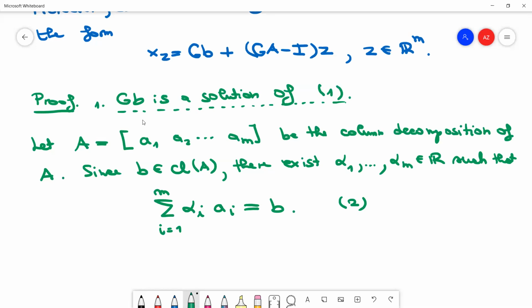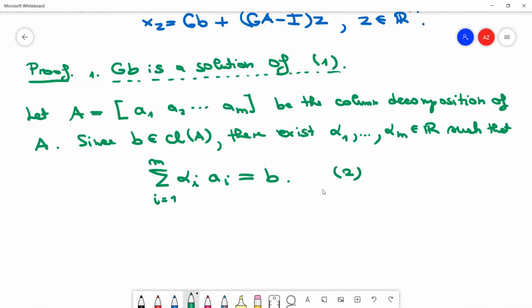And we have to somehow introduce Gb into our calculations. So what would be the way to introduce Gb into our calculations? So how to get Gb from this equation 2? We can just multiply everything by G from the left.